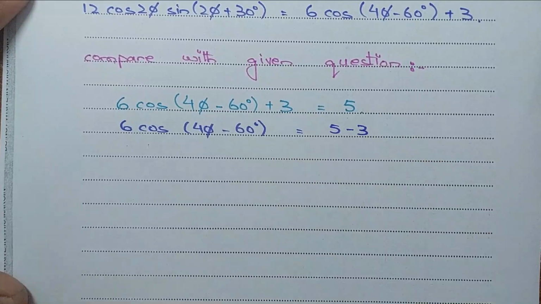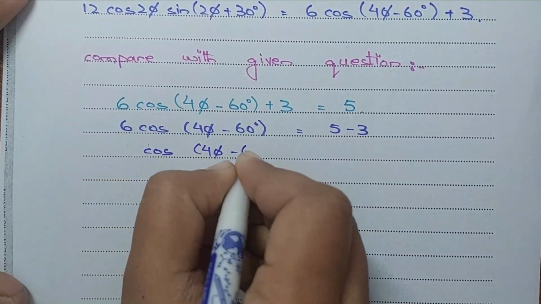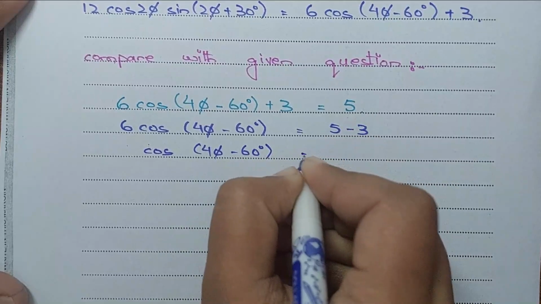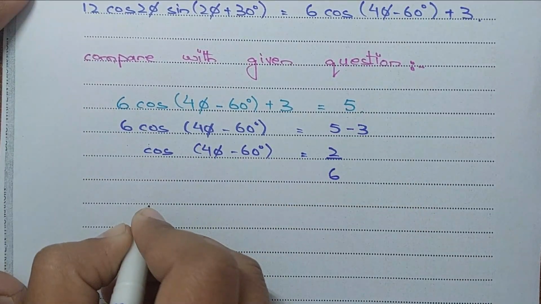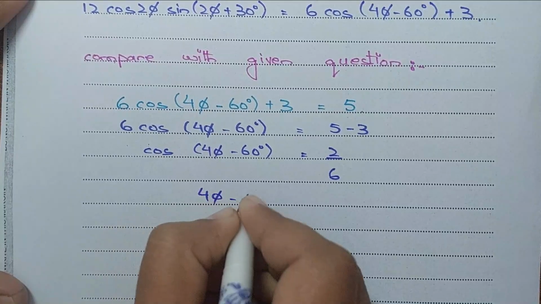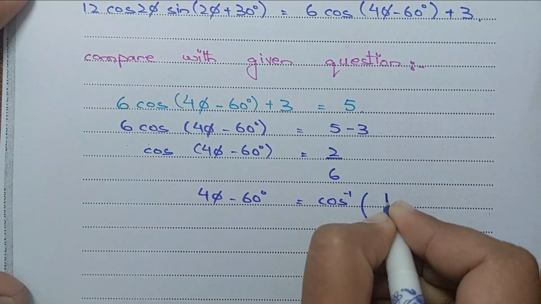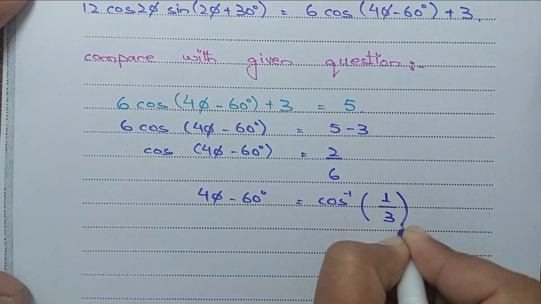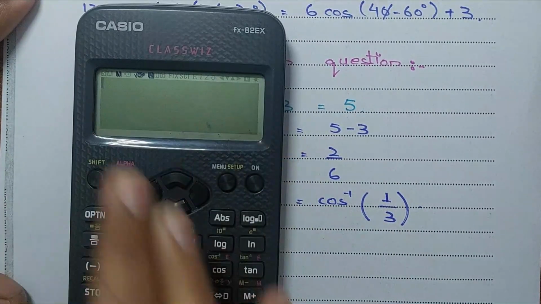Take away 3. Now cos of (4 phi minus 60 degree) is 2 divided by 6. So 4 phi minus 60 degree is cos inverse of 2 over 6, which is 1 over 3. Okay, cos inverse, this is in degrees, right?